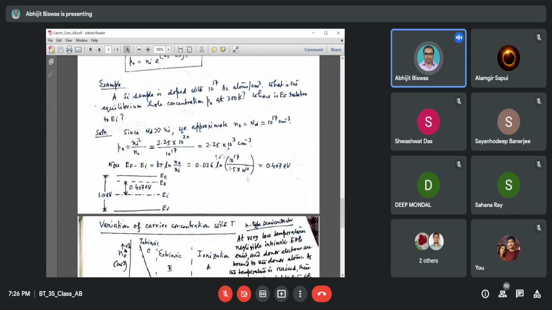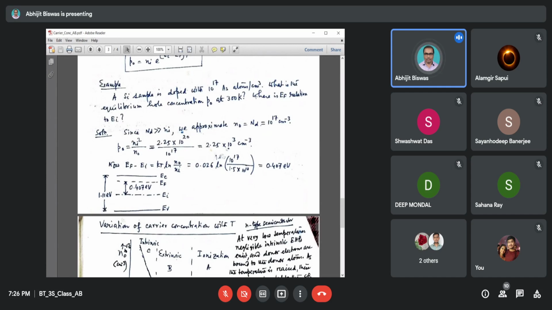See, it is a very interesting question. You know that the intrinsic carrier concentration in silicon is on the order of 10 to the power 10 per cc, and the doping is 10 to the power 17. Therefore, this doping concentration is much higher as compared to intrinsic carrier concentration.